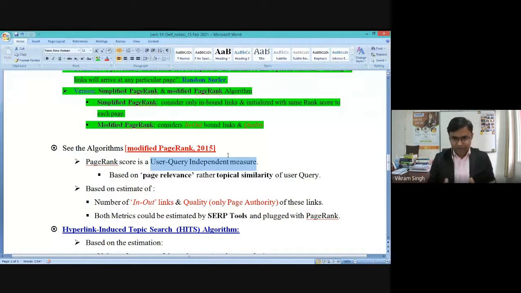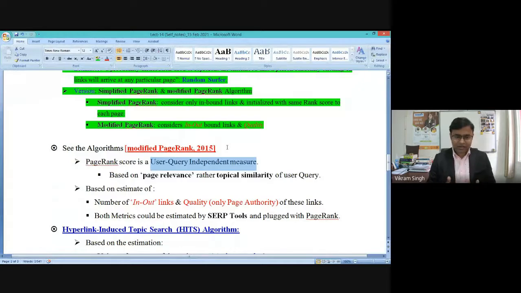Right now we are discussing text transformation, and within this text transformation block, we are discussing link analysis. We are trying to generate a score for a particular web page, with nothing to do with the user query. That is the basic idea of PageRank. PageRank is the algorithm which is independent of the user query, right?